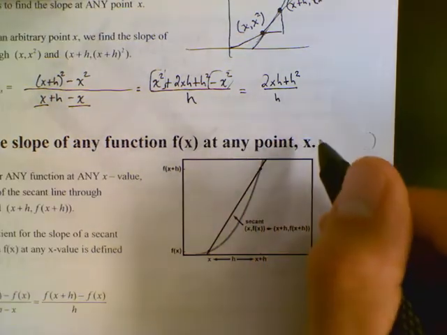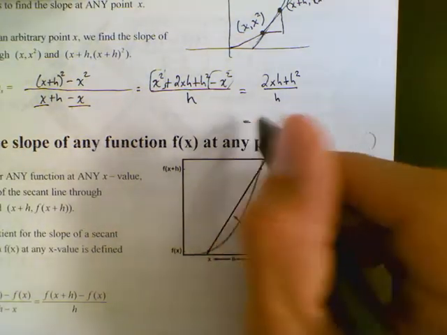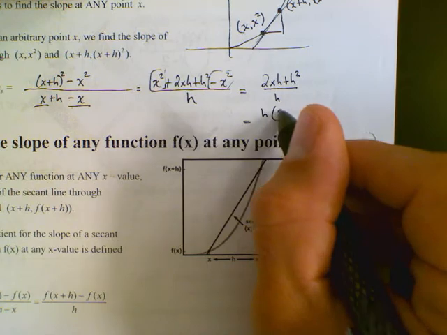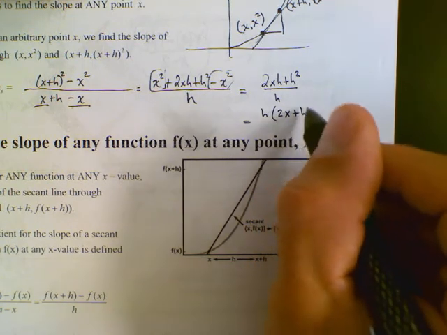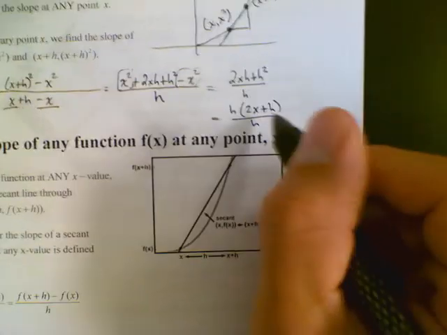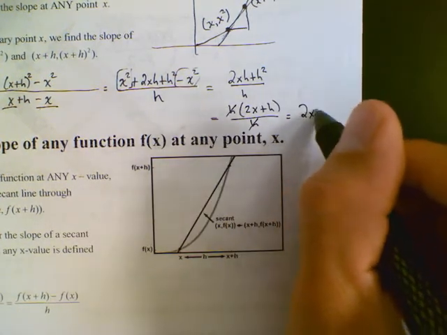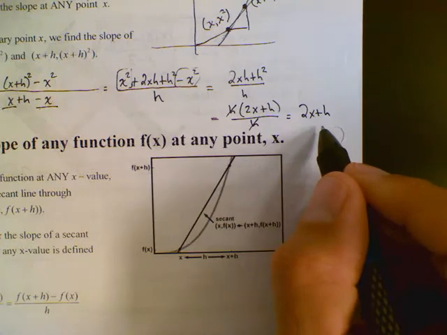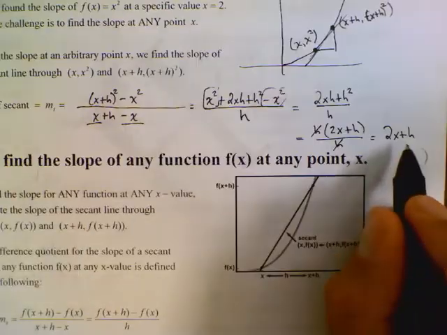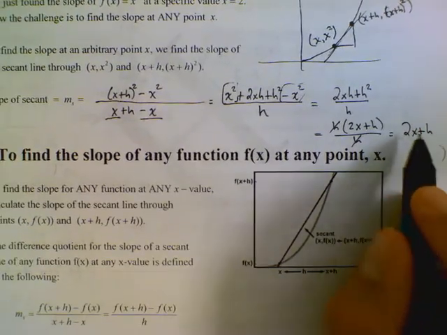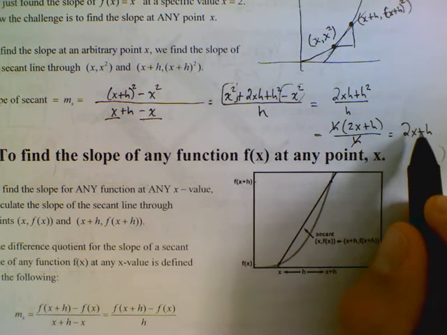Then I can factor out an h so that I have h times 2x plus h over h. The h's cancel, and I just get 2x plus h. That's the result of the difference quotient, the slope of the secant line.